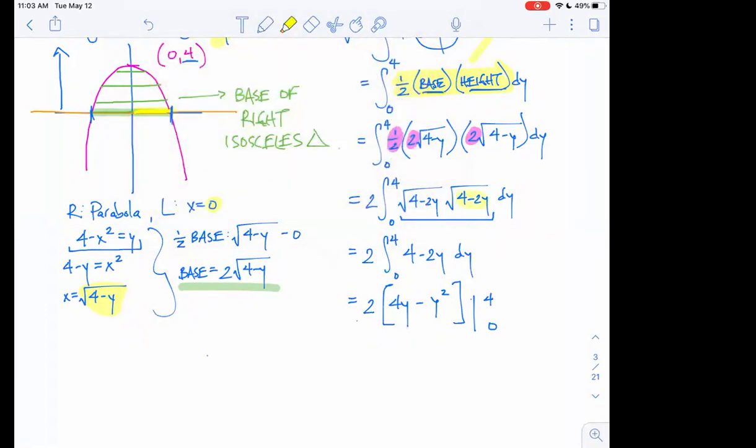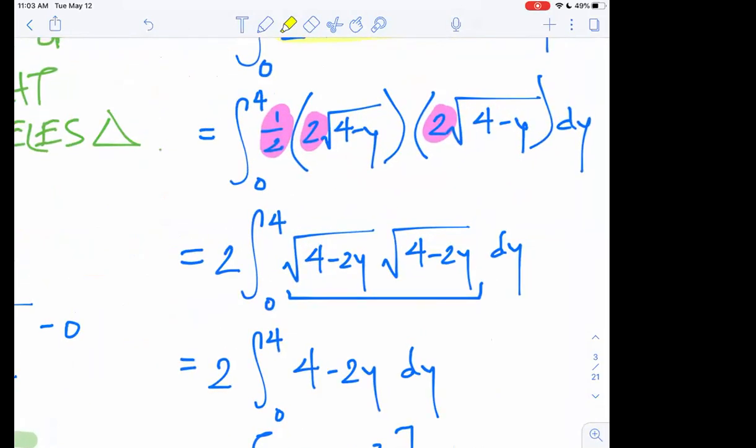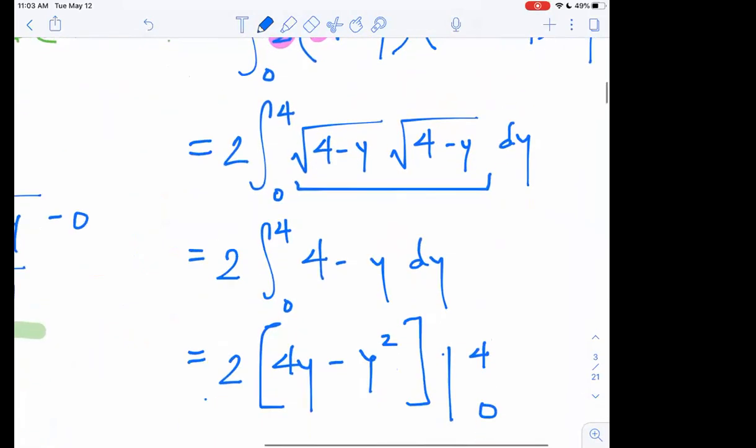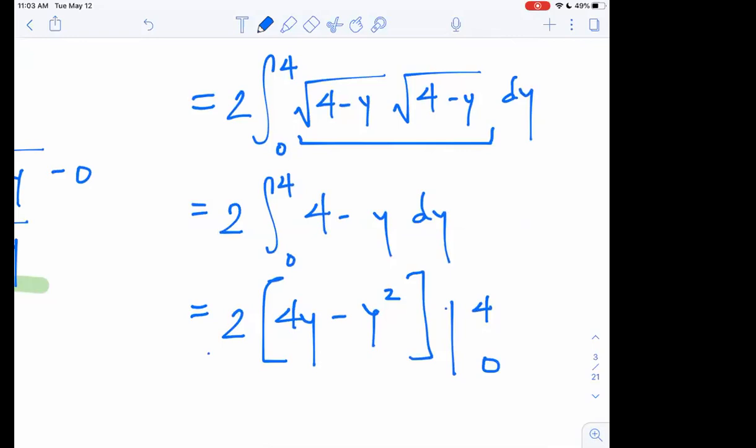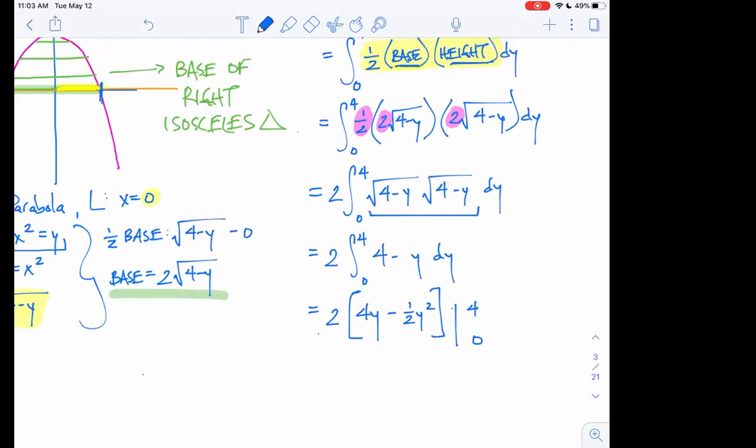Oh God, what is happening in my brain? Thank you for catching this before I posted this and it's archived forever on the internet. Okay, 4 minus y, so that's 4y minus 1/2 y squared. There we go. Teaching everyone wrong math.